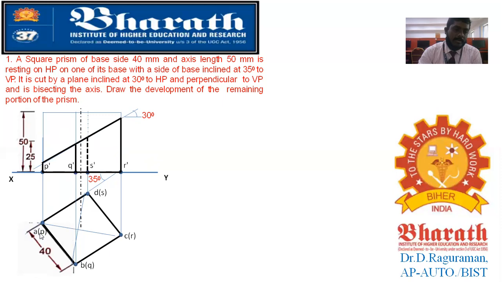So respectively P dash, Q dash, R dash, S dash, and here A dash, B dash, C dash, D dash, in the same sequence as PQRS, AB and CD.